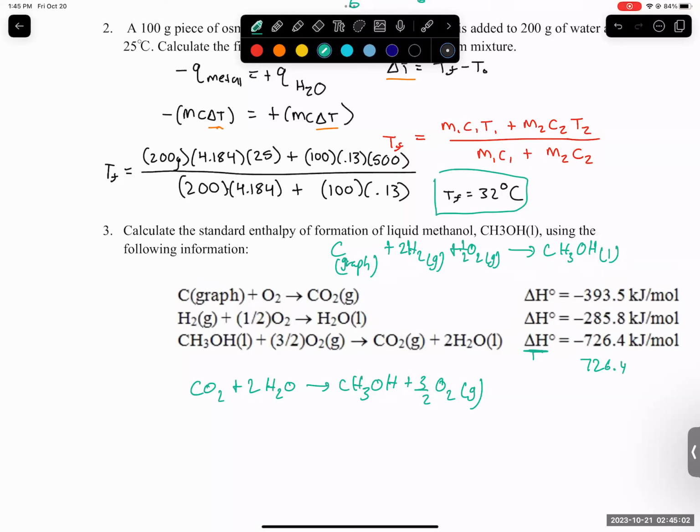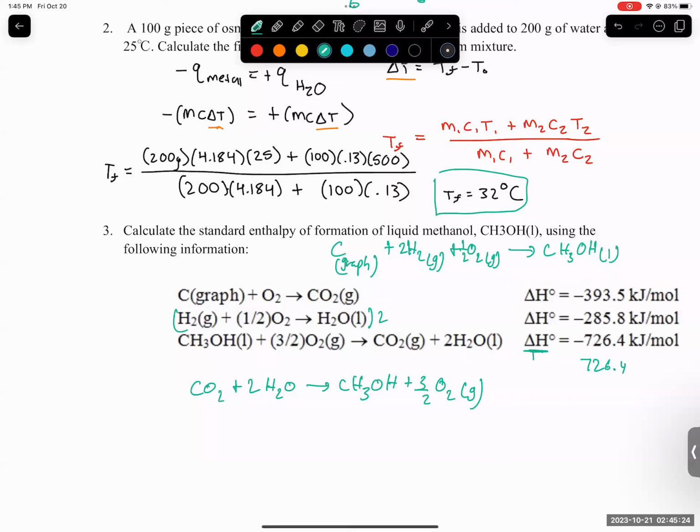All right. Now we have our C graphite. We don't have one H2 in this equation. How many H2s do we have? 2. And then we have 1 in the top equation, so we have to multiply it by 2.